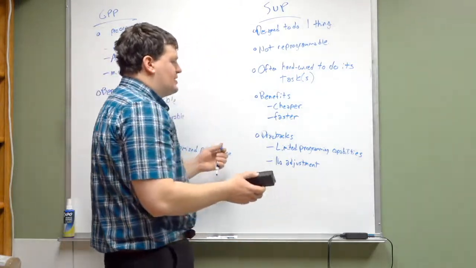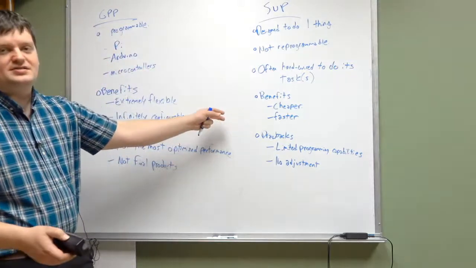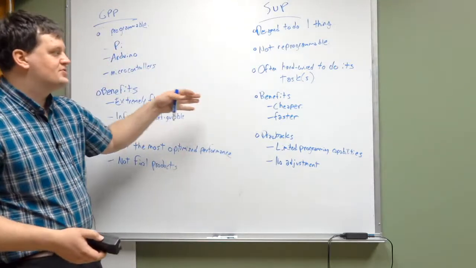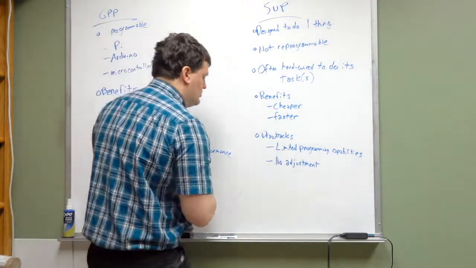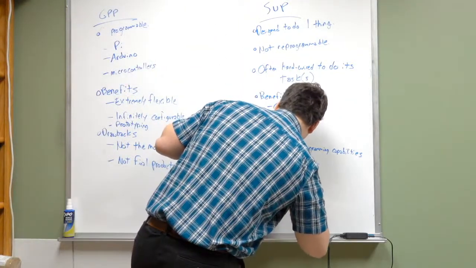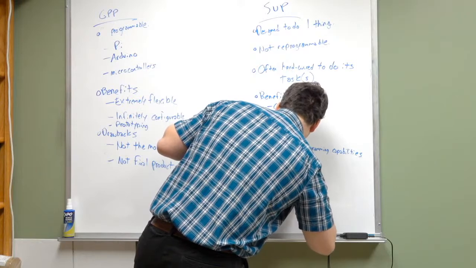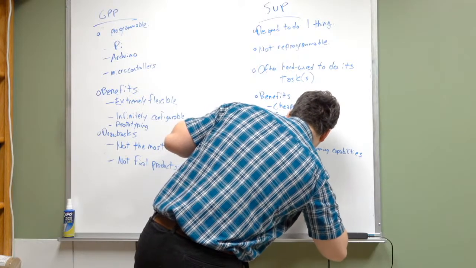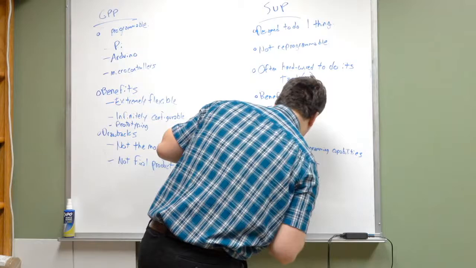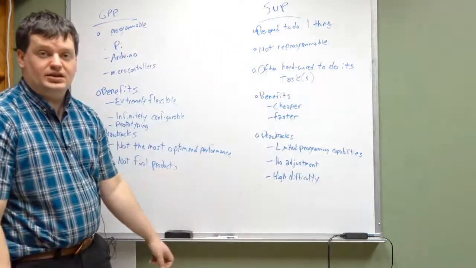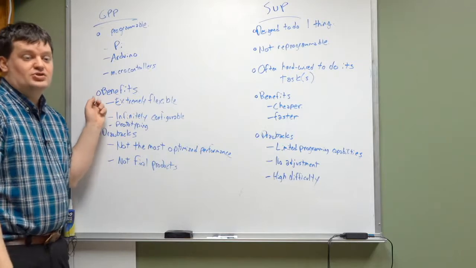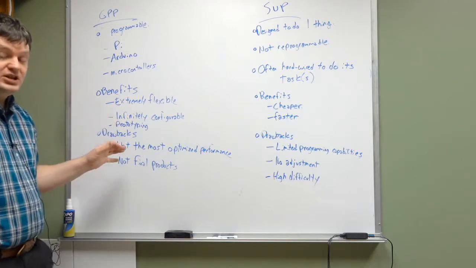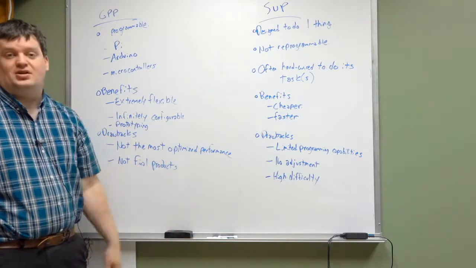So there are some drawbacks. This is a far more optimized version of this, but this also takes a lot of time and effort to put one of these together correctly. If you're given a GPP, you can prototype something relatively quickly. You sit down, just bam, knock it out.